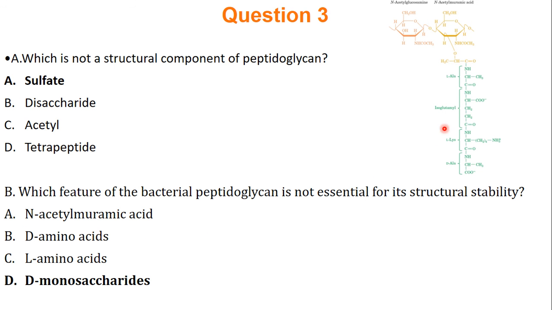L amino acids? We still have L amino acids in here, it's just one D-alanine. D monosaccharides? When we went over the monosaccharides, we did not go over D monosaccharides because we don't use those in biochemistry, so they are not found.